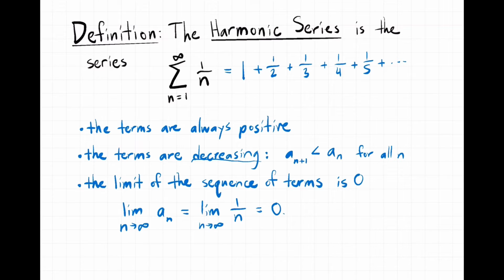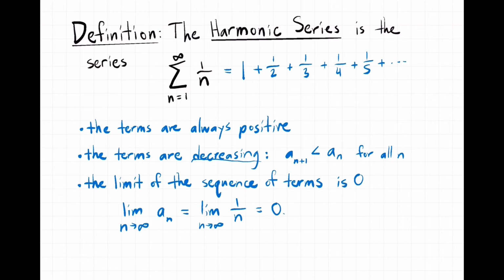We don't know yet. If you've looked at the test for divergence in section 11.2, you'll know that in order for a series to converge at all, in order for a series to actually have a sum, it must be the case that the limit of the terms is 0. But the converse is not necessarily true.